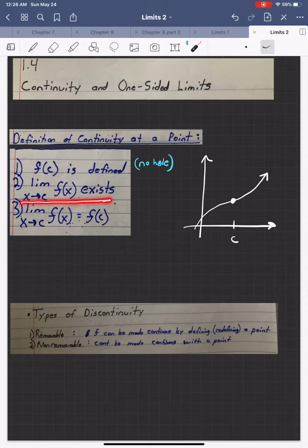What that would mean is that as x approaches c from the left side, your graph is approaching this y value. As x approaches c from the right side, your graph is approaching this value. And in order to say that the limit exists, they have to be approaching the same number from both sides.